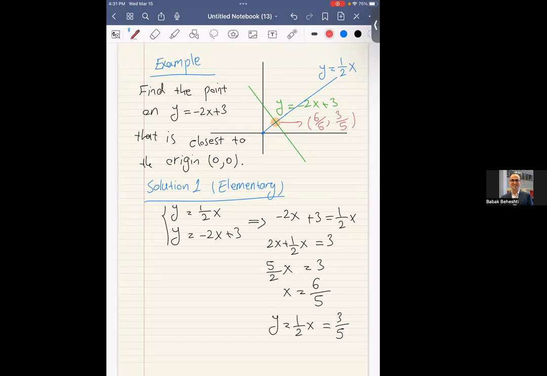Okay. Now let's find another solution that is more advanced, using functions and derivatives. That is solution 2.